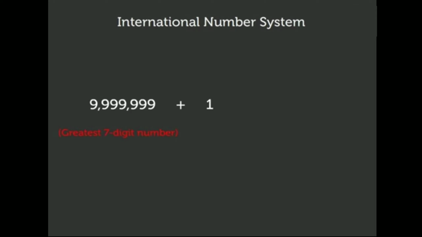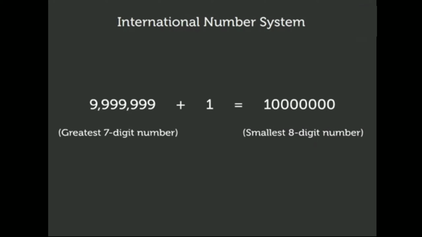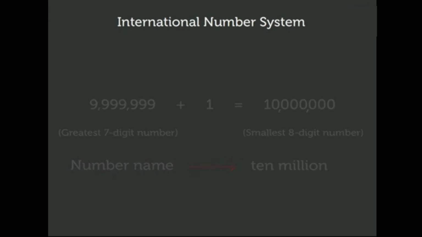If 1 is added to the greatest 7-digit number 9,999,999, it gives the smallest 8-digit number. We write it as 10,000,000, and we read it as 10 million.